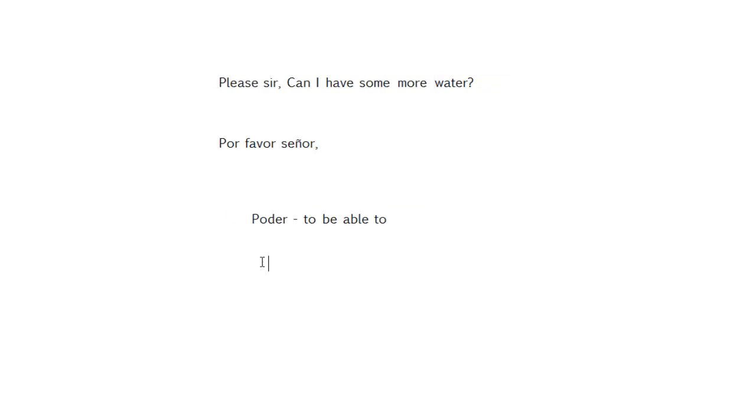So poder, if we want to say puedo, poder, it's puedo, right? Puedo. So what we've done is on the end, we didn't go puedo because you can't do that. It changes. It's the puedo, and this signifies that we're using the I form.